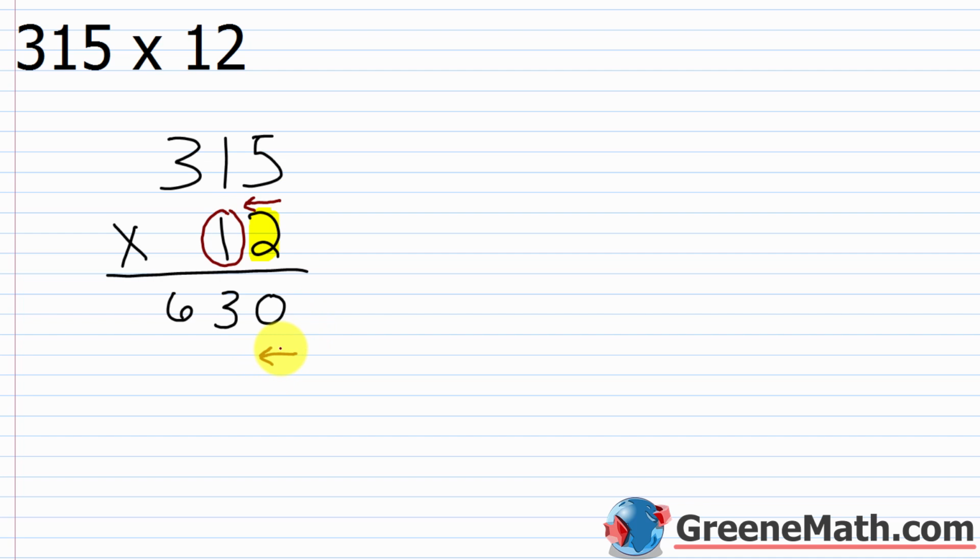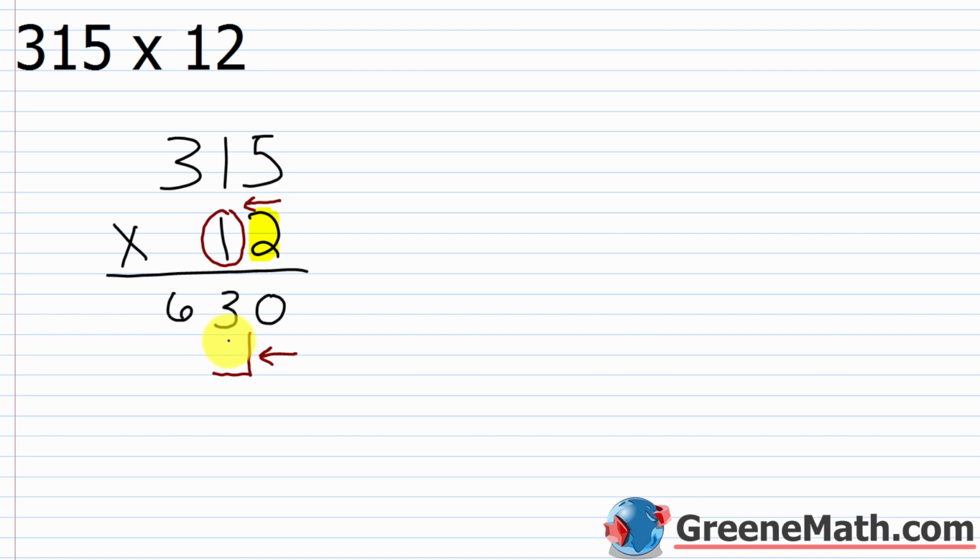So we're going on a whole other row here, and we're starting right here. And the reason we're doing that is because this 1 is not a 1. It's actually a 10, because again, it's in the tens place. So what I'm doing is I'm multiplying 10 times 5, and I'm getting 50.